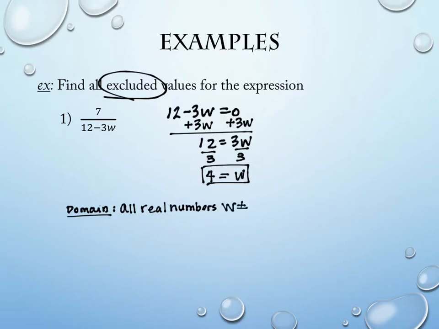In other words, every number is usable and valid except for the number 4. The answer to this question is the one that's already boxed in. This is just a note at the bottom on how this ties into what we talked about regarding domain, one slide up.